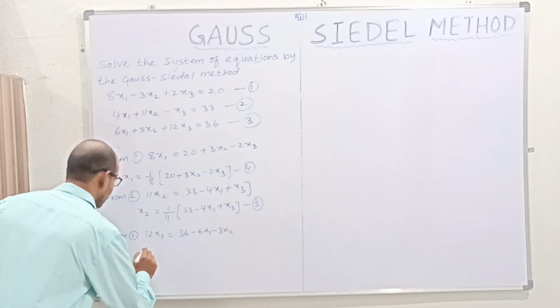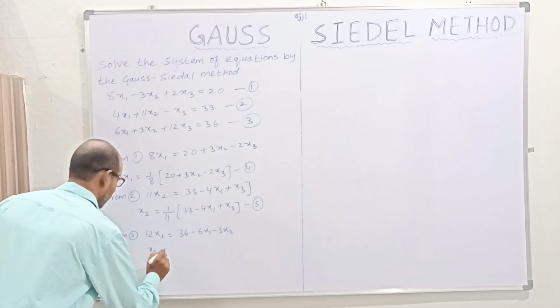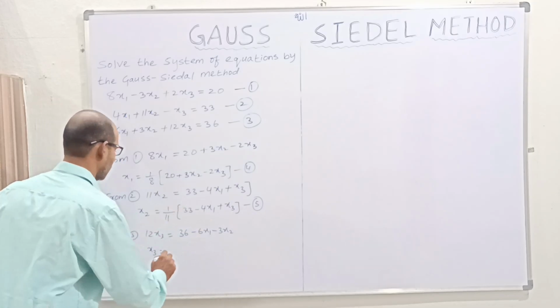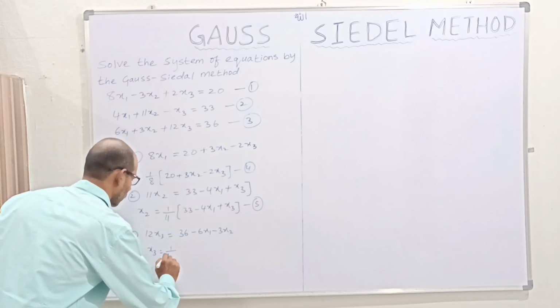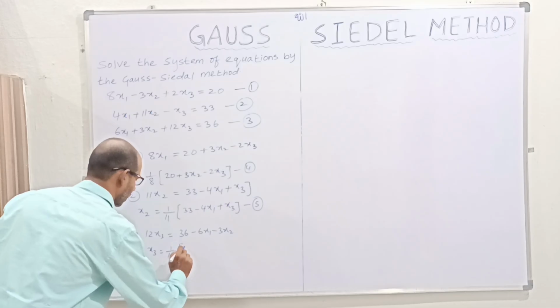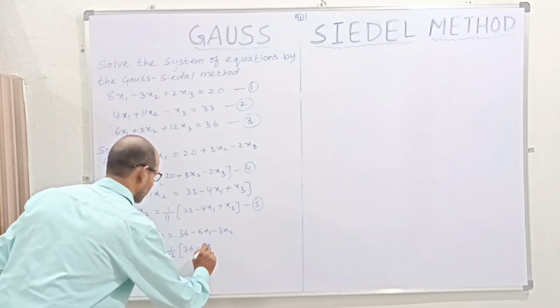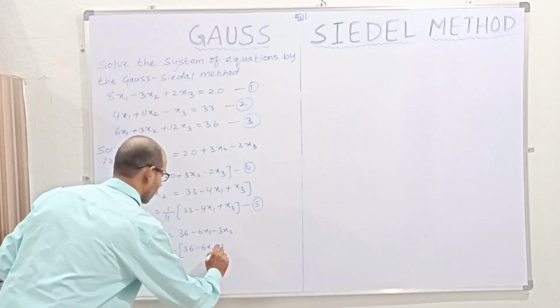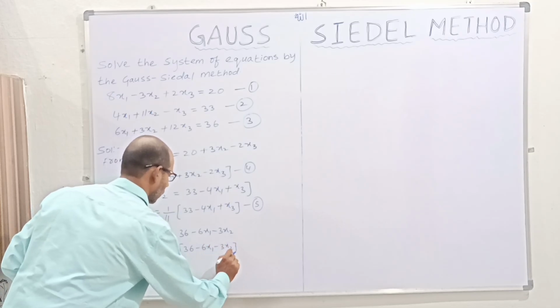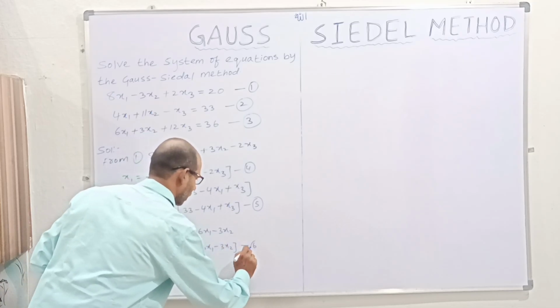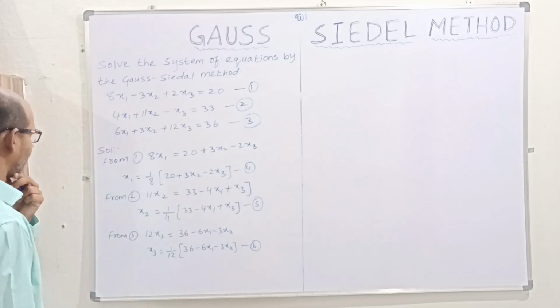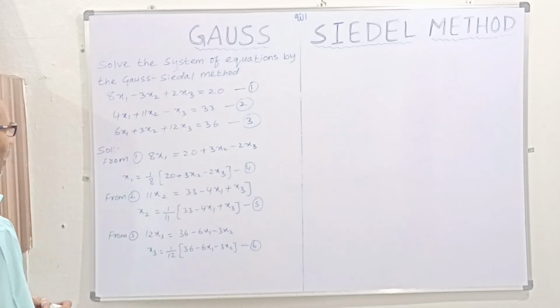So therefore x3 is equal to, divide by 12, so 1 upon 12 into (36 minus 6x1 minus 3x2). This is number 6.